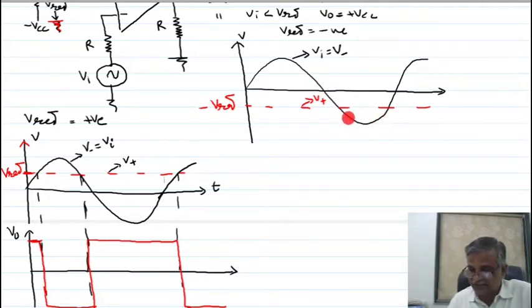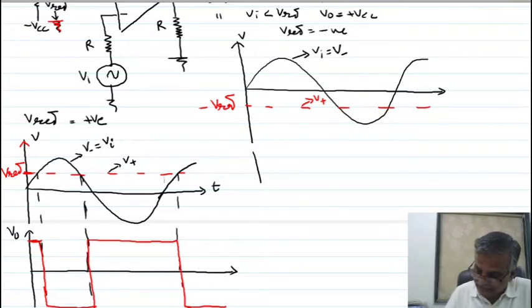Up to this, the input signal is more than the V reference voltage, means the voltage at the inverting terminal is more than the voltage at the non-inverting terminal, so output is negative. Here during this, the voltage at the non-inverting terminal is more than the voltage at the inverting terminal, so during this time output is positive. So I am showing you like this.